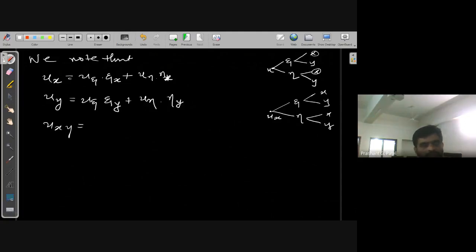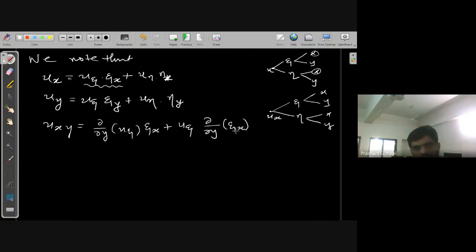So that's why this will give me, here the product rule will apply, because u xi and xi x, both of them are functions of y. Okay, so here the product rule will apply. So we'll have del by del y of u xi, xi x as it is, plus u xi as it is, del by del y of xi x.